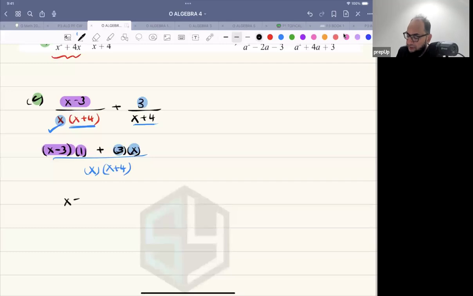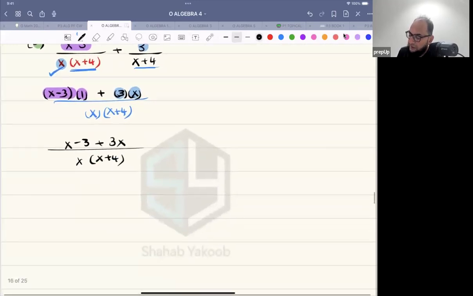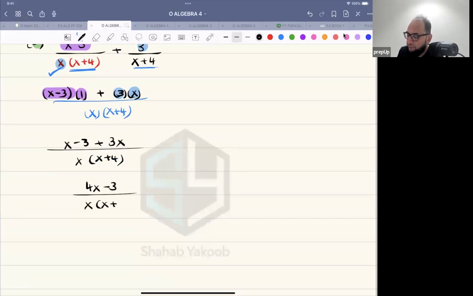So this is x minus 3 plus 3x, over x plus 4. So this is 4x minus 3 over x plus 4. There is no need of multiplying out brackets in the denominator.